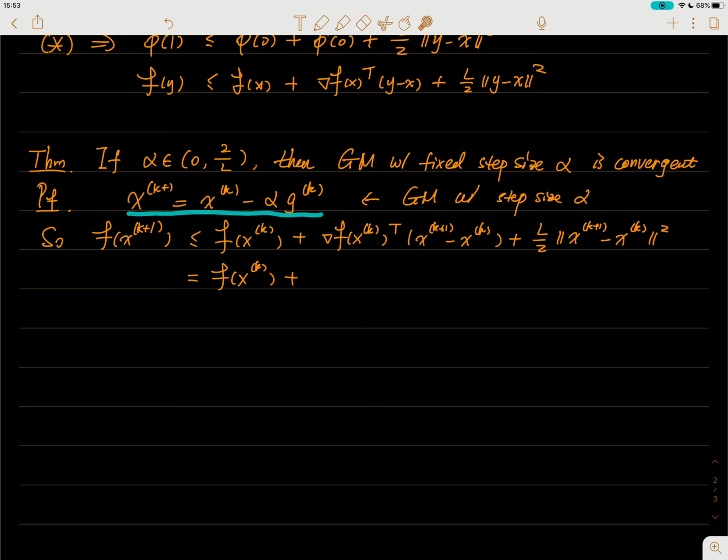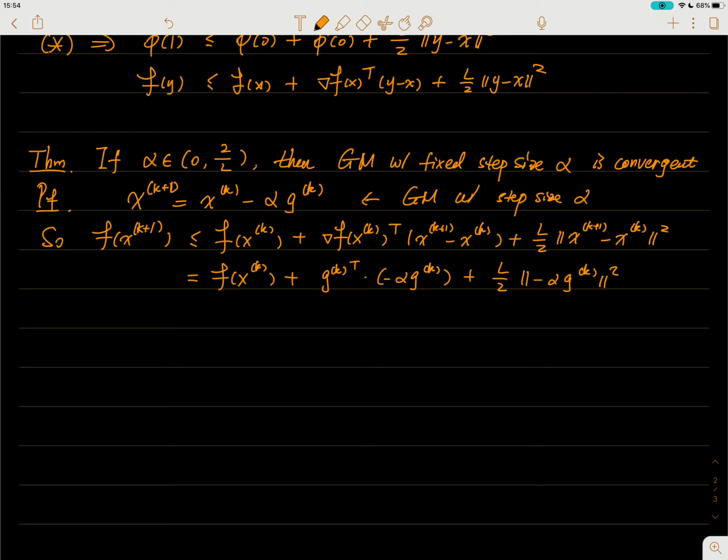I know the relation here: x k plus 1 minus x k will be just negative alpha g k. So what I have here is g k transpose times negative alpha g k. And similarly inside the norm, just negative alpha g k.